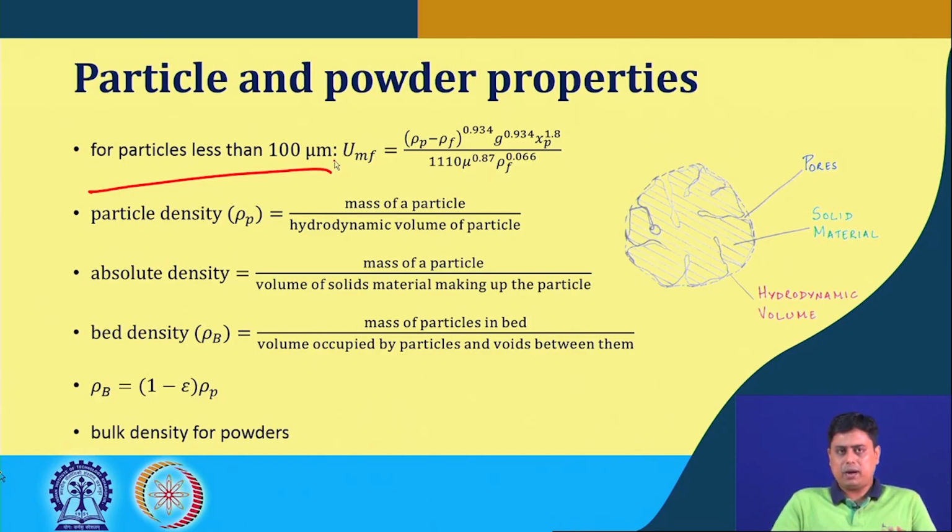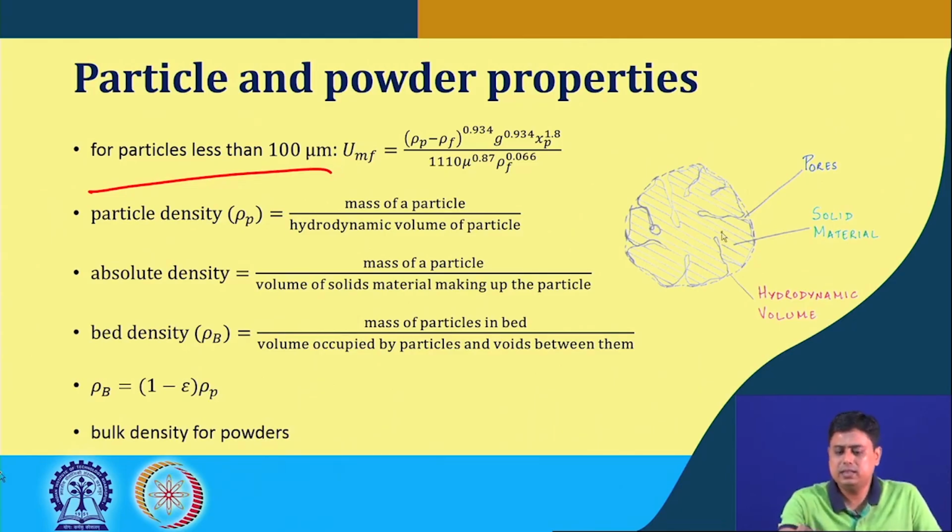But in fluidization, particle density is the mass of the particle divided by its hydrodynamic volume. What is hydrodynamic volume? Hydrodynamic volume is the volume seen by the fluid, including its pores, or with pores and voidage, everything.